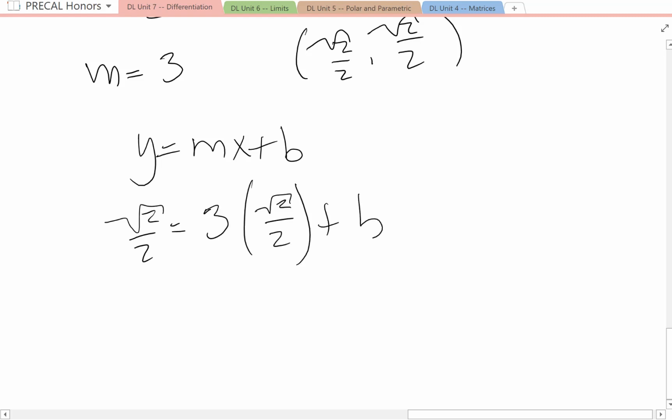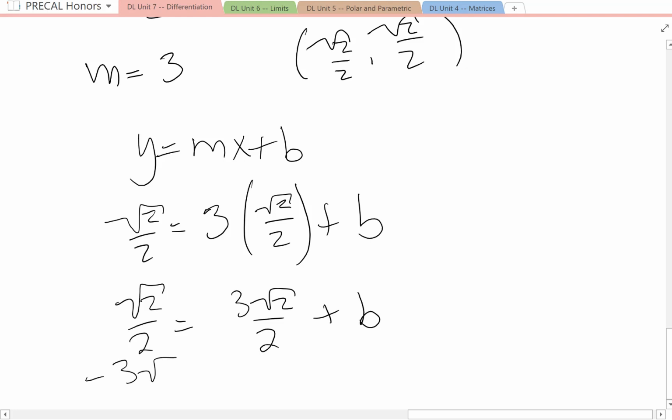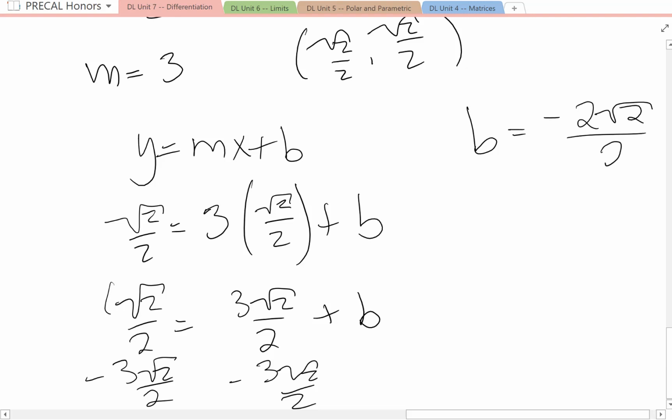So root 2 over 2 equals 3 root 2 over 2 plus b. Subtract 3 root 2 over 2. B is equal to 1 root 2 over 2 minus 3 root 2 over 2 is negative 2 root 2 over 2. 2 over 2 is 1. B is negative root 2.